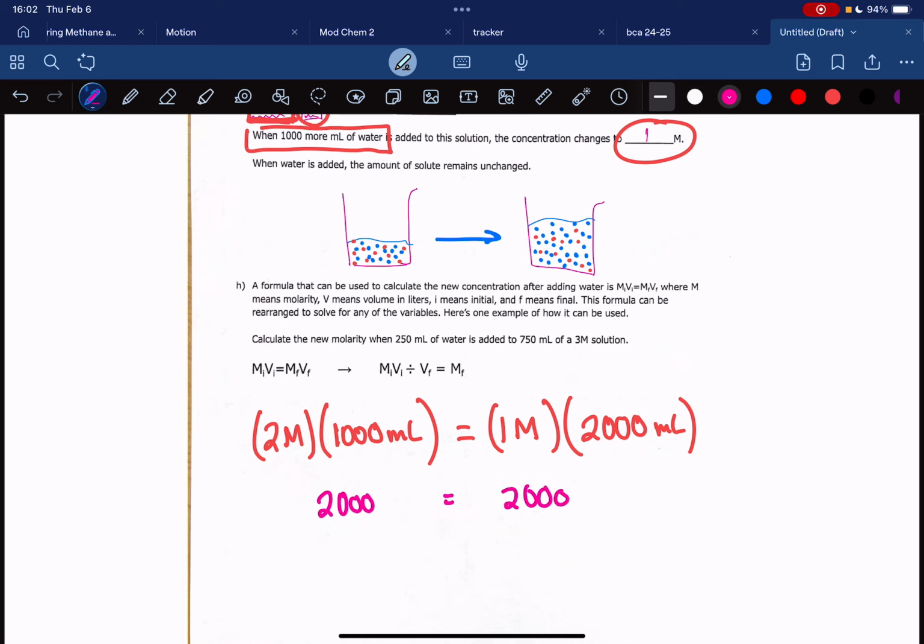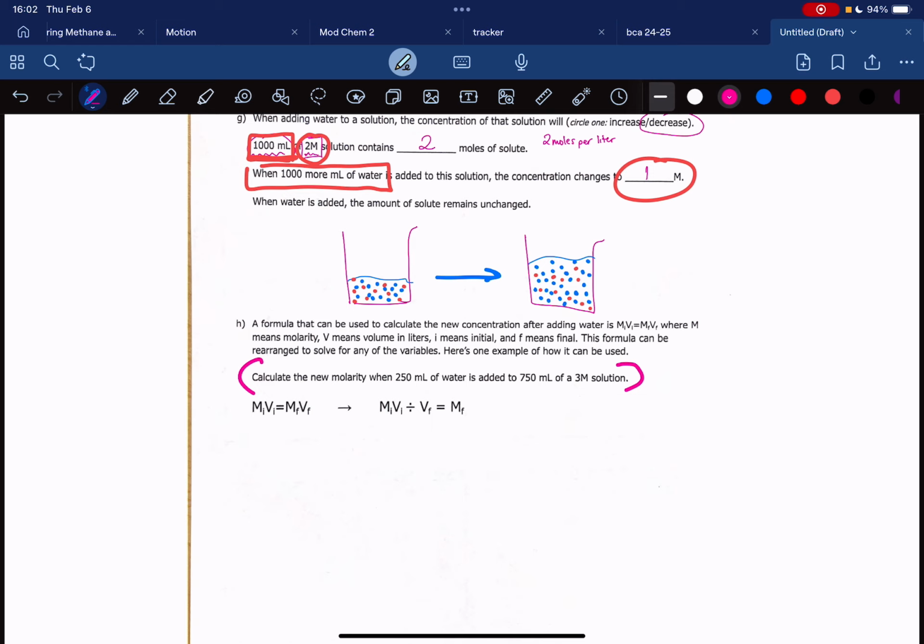Yeah? So let's use the formula now to solve a different question, and that's this one right here. Calculate the new molarity when 250 mils of water is added to 750 mils of a 3 molar solution. So before we add water, what is the molarity of our solution? It's 3 molar, right? And I'm going to multiply that by our initial volume before I add any water.